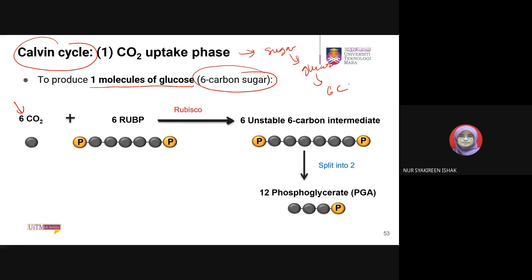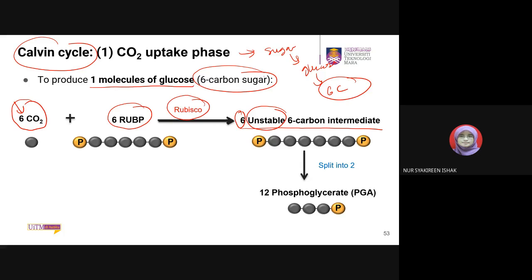So untuk menghasilkan glucose perlukan 6 molecules of carbon dioxide. 6 molecules of carbon dioxide will combine with 6 molecules of RuBP, and the reaction is catalyzed by the enzyme Rubisco, ribulose bisphosphate carboxylase, and produces 6 molecules of unstable 6-carbon intermediate.